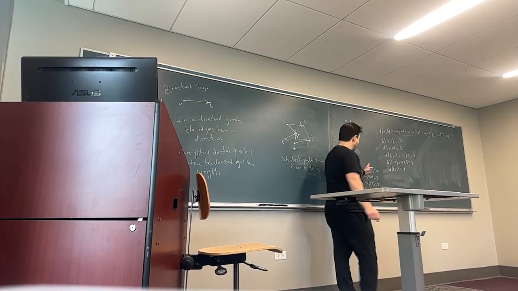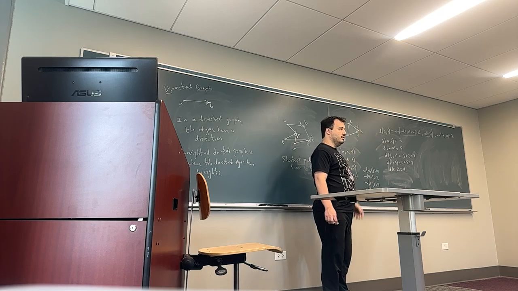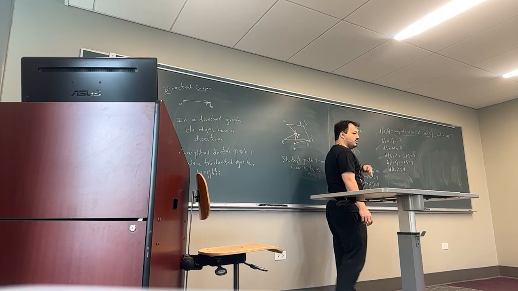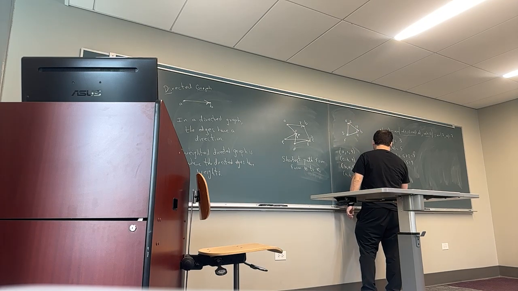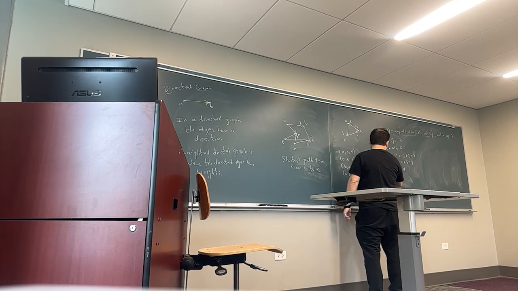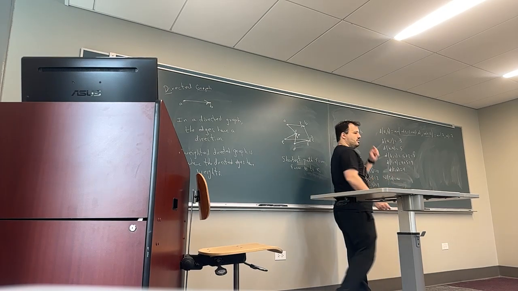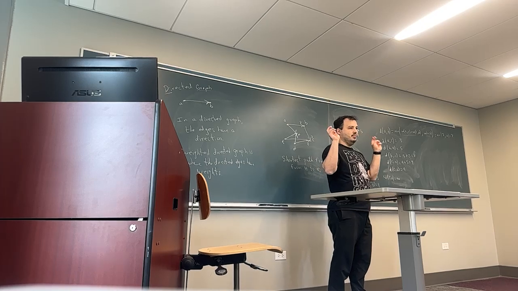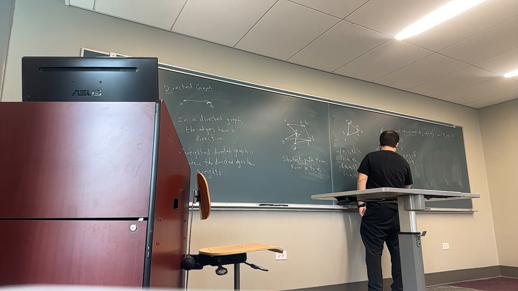All right, so these are weights that are given to us from the graph. However, there's some edges that don't exist. So for example, there's no edge between C and A. So when there's no edge, we're going to define the weight to be infinity.